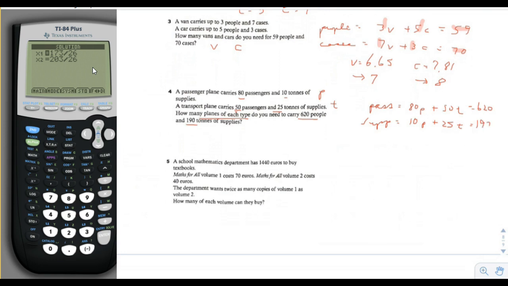So now we just need to put these numbers into PolySMLT, the simultaneous equation solver, 2 equations, 2 unknowns. We're going to put in 80 and 10, and then here 50 and 25, and here we're going to put 620 and 190.